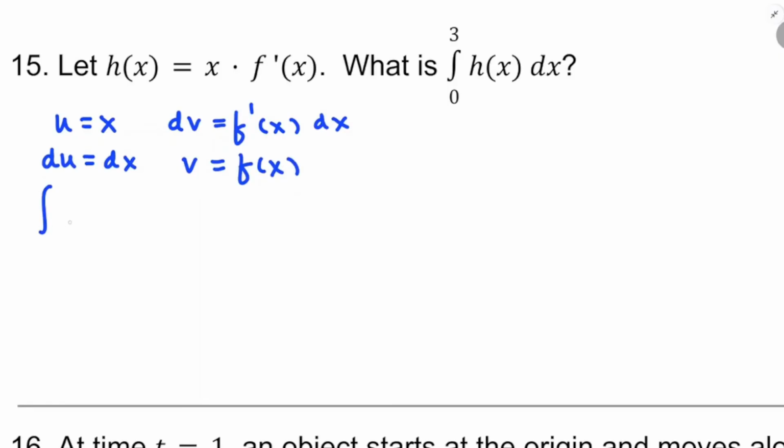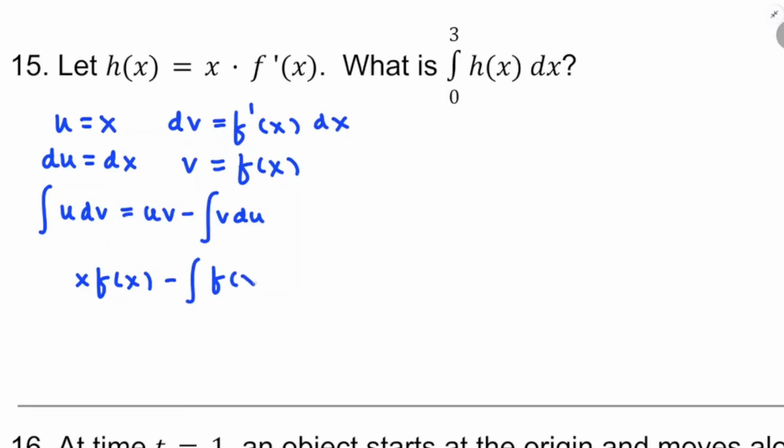So remember that the integral of u dv is u times v minus the integral of v du. And I'm going to say, this is now x f of x minus the integral of f of x dx.